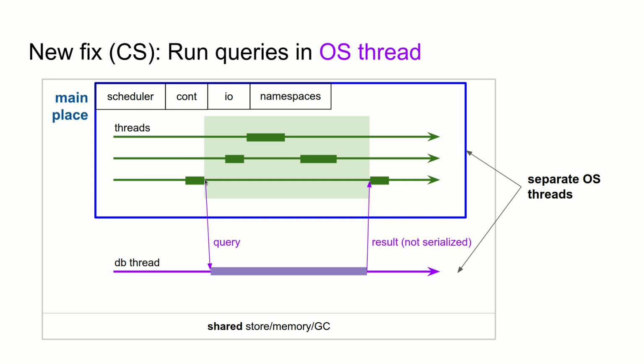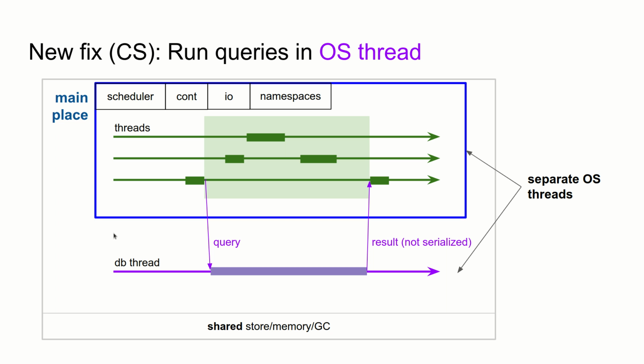We have a proxy object here. When we perform a query, it sends it over to this database OS thread, not a place, but just a simple OS thread. The OS thread performs the query, including any blocking FFI calls, and then sends the results back.